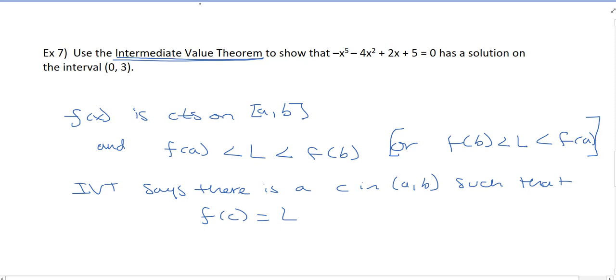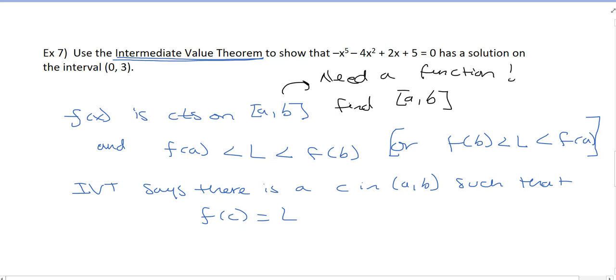So what do we need to do then in order to solve this problem? We need to get our hands on an [a, b]. So find a closed interval [a, b] where our function is continuous, which means we also need to find a function. So we need a function, and then we need to find an interval. Based on this, let the function be the thing on the other side of 0.